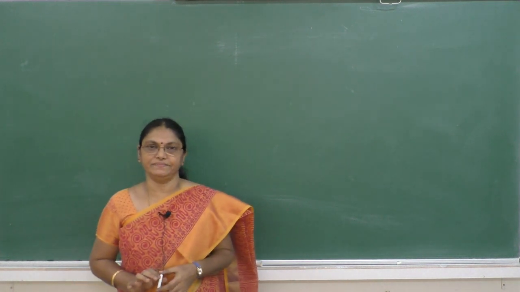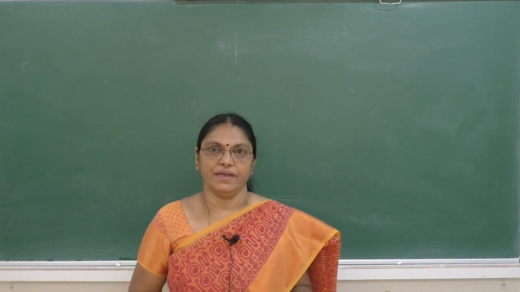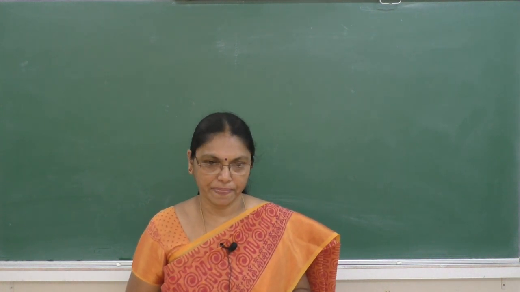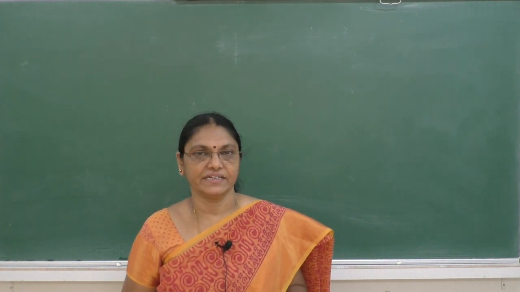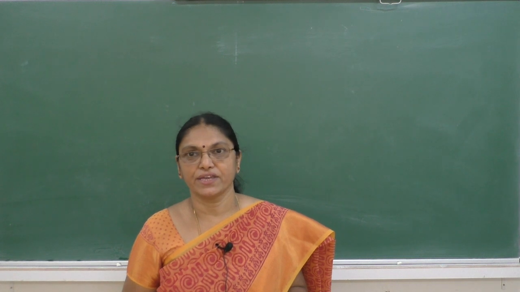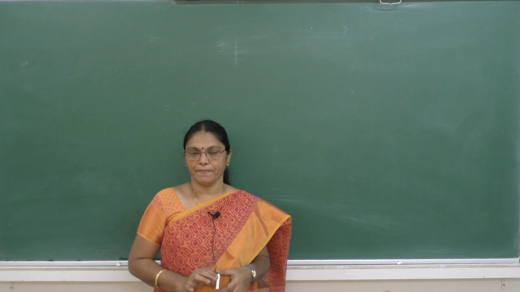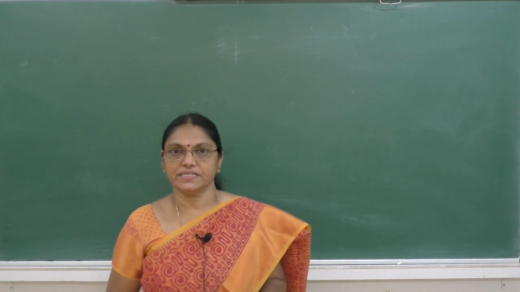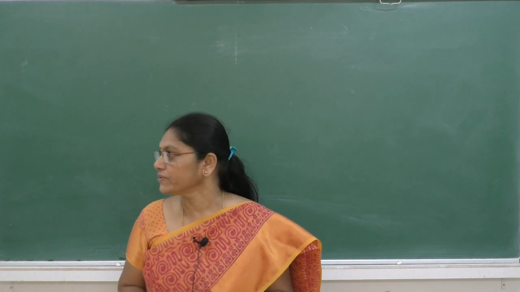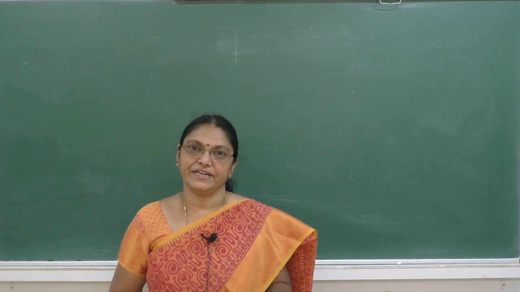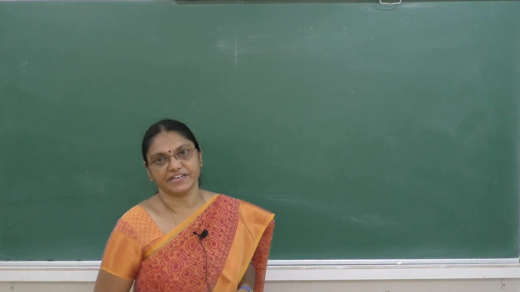Hello students. In the last session, we have studied about the fundamental quantities and their SI units. There are 7 base units in the SI system corresponding to the 7 fundamental physical quantities.